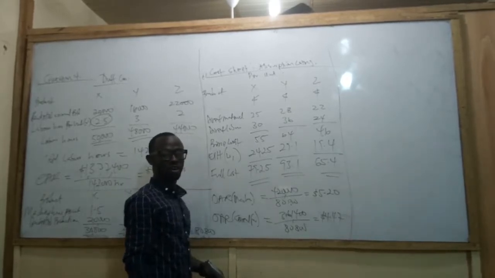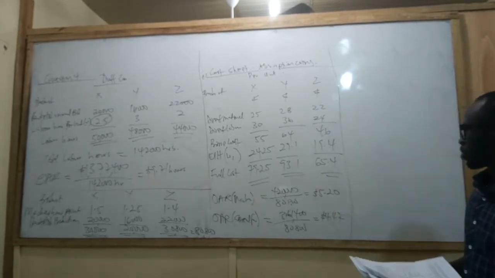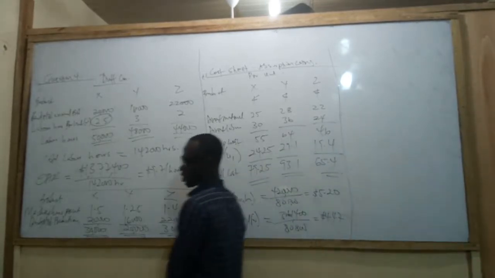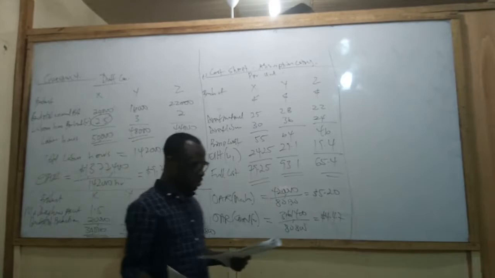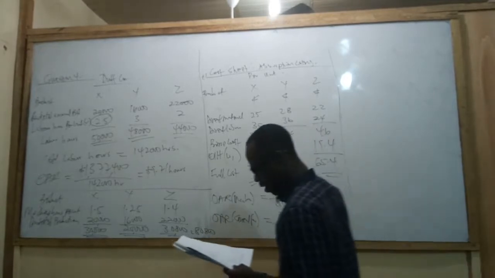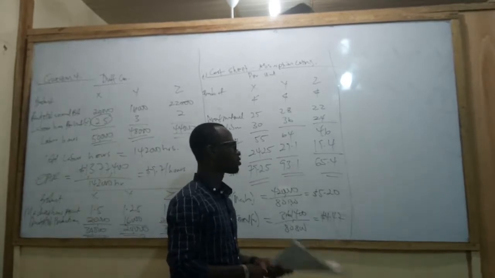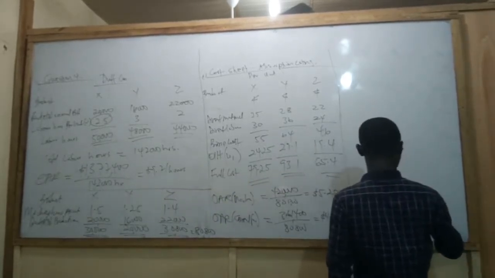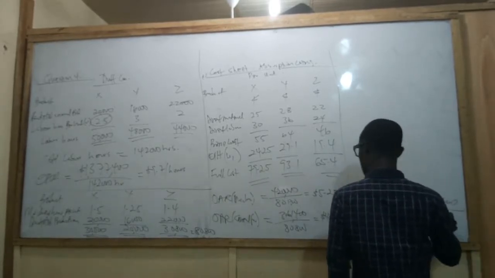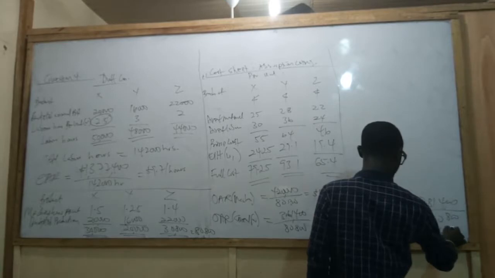420,000 plus 361,400. What do we have? $781,400 divided by 80,800. 9.6.